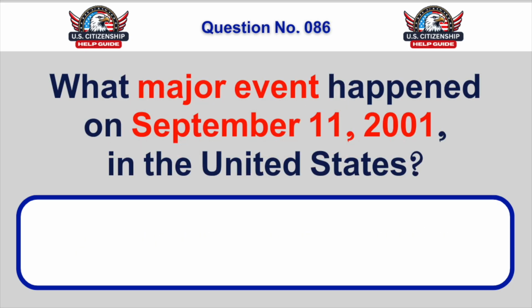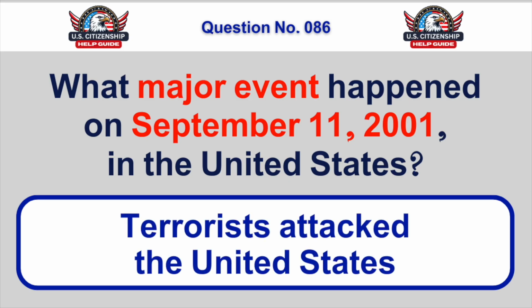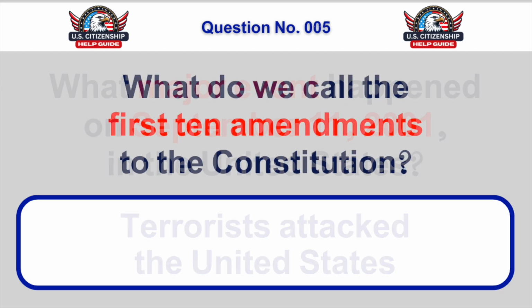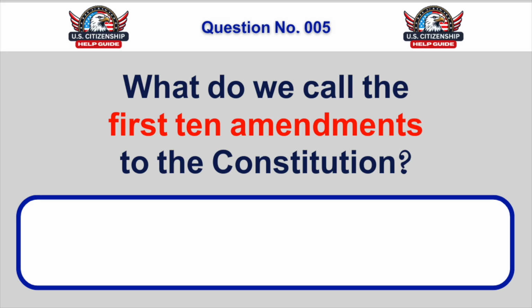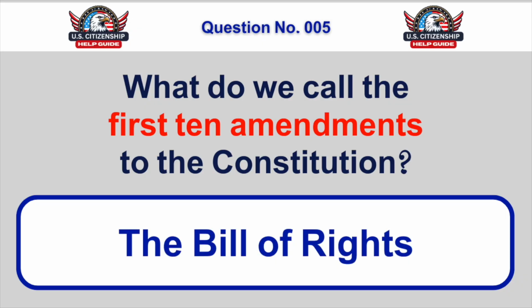What major event happened on September 11, 2001 in the United States? Terrorists attacked the United States. What do we call the first 10 amendments to the Constitution? The Bill of Rights.